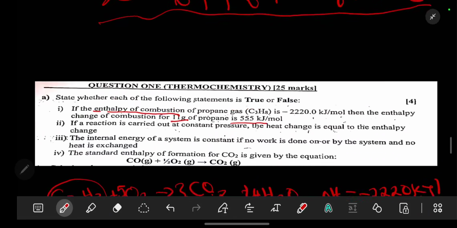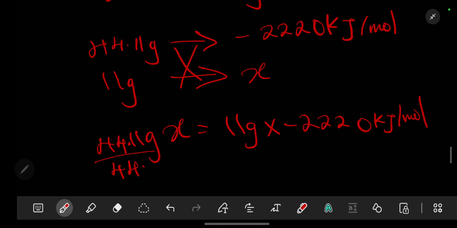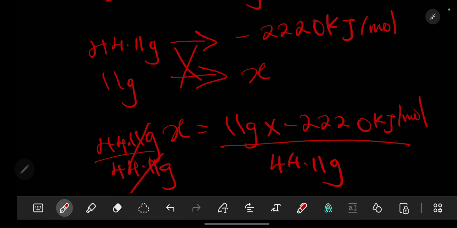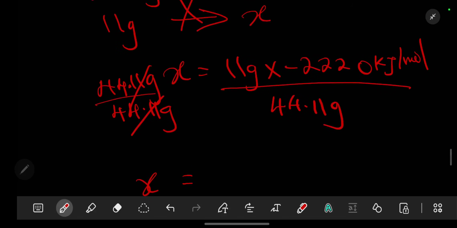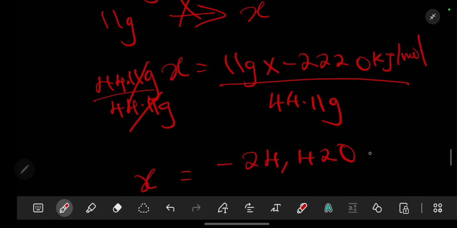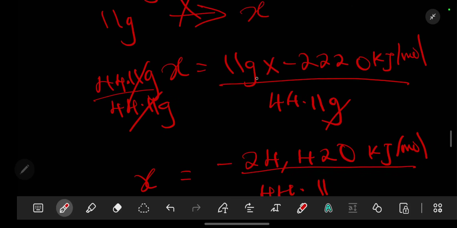So you're going to have that over the 44.11 grams. So this gives us 11 times negative 2220, which is negative 24,420 kilojoules per mole, divided by 44.11. So the gram and this gram have gone.